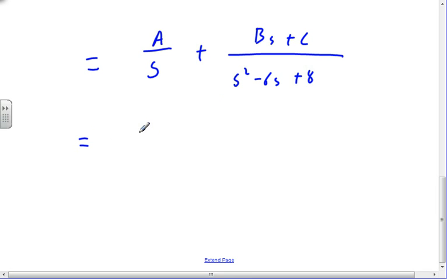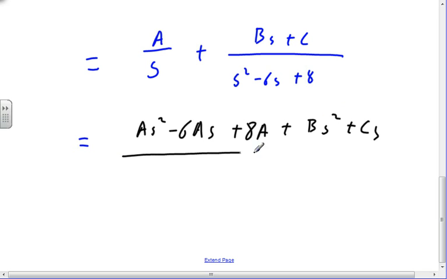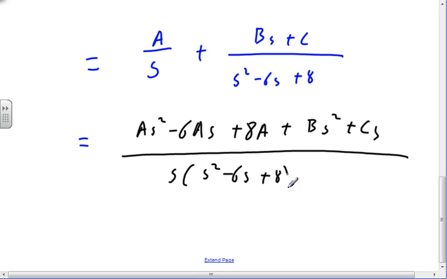All right, so I've got A times s squared minus 6As plus 8A plus Bs squared plus Cs, divided by what I've got on the bottom. Get rid of the equal sign.